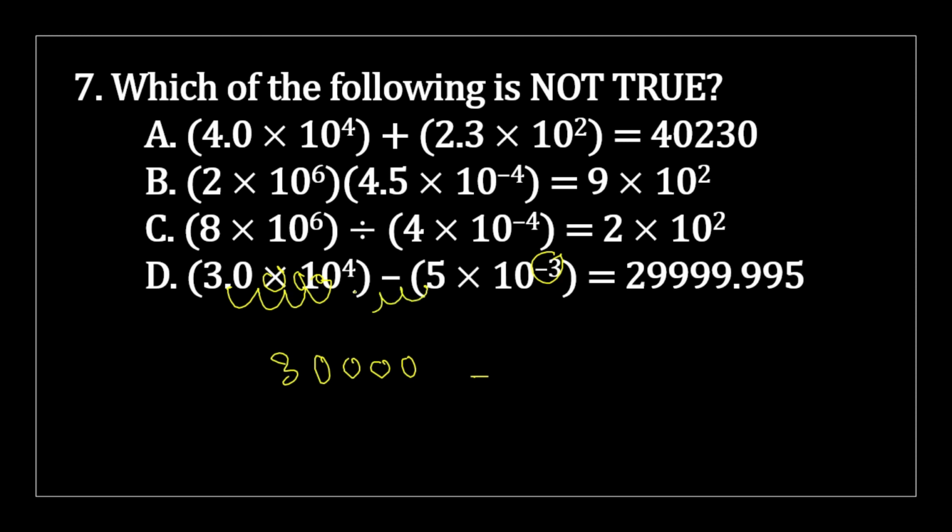That gives 0.0000005. So we're going to subtract it from here. We'll get 2.99999. So this is also correct.